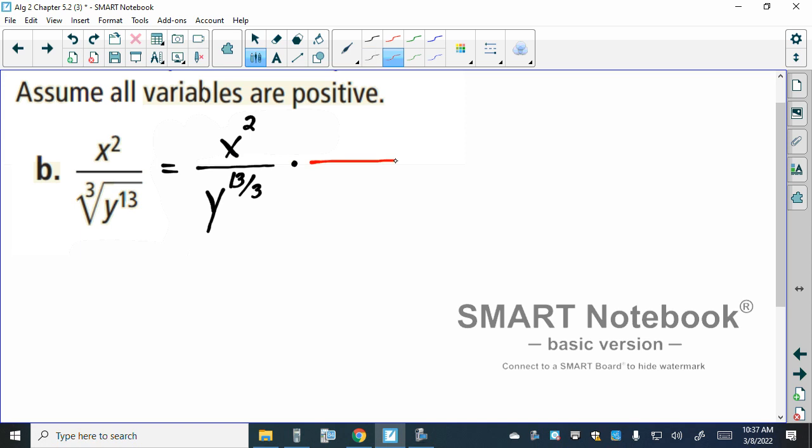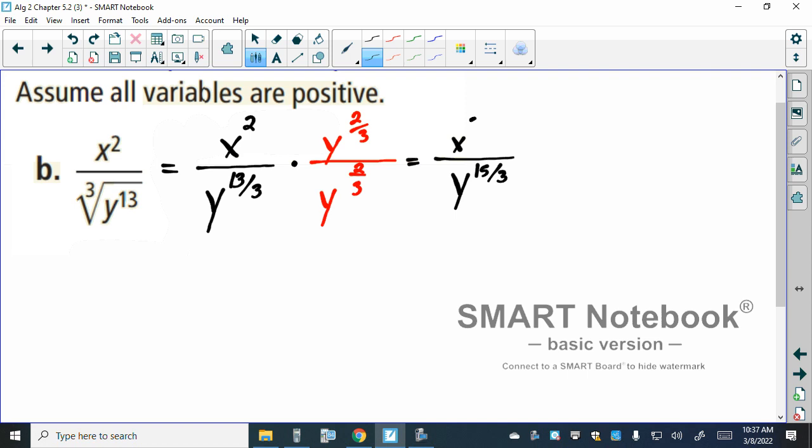Now we're going to need to multiply top and bottom by y to the something thirds, 2/3, because the next number after 13 that divides by 3 evenly is 15. So I actually need 2 more. So in the denominator we have y to the 15 thirds.